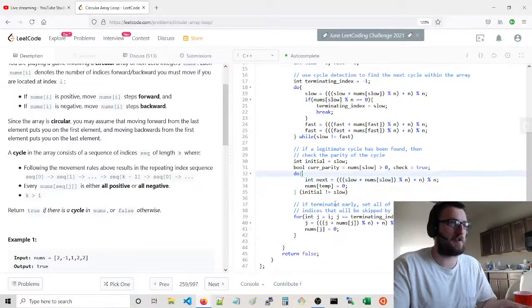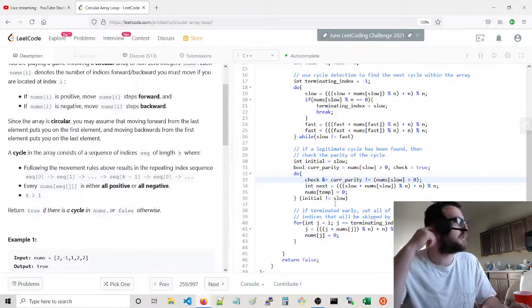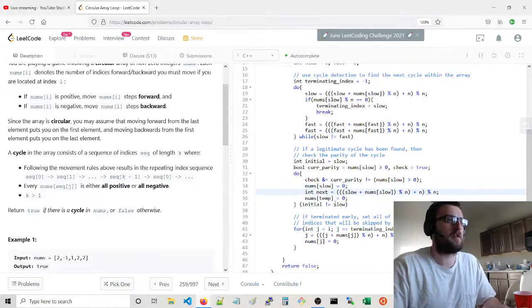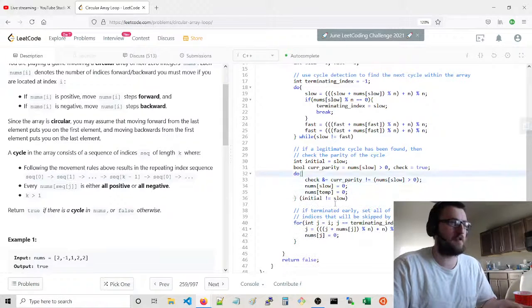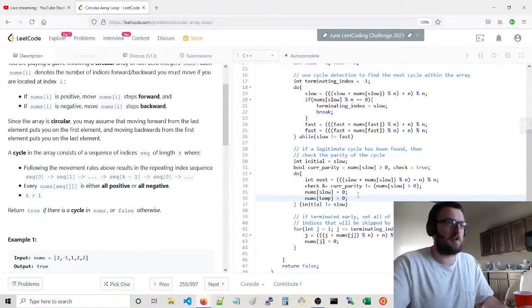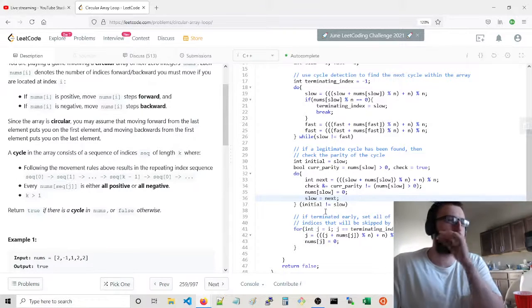We can do this on slow. Set nums of slow to 0. We're going to do next first, calculate the next value, perform the check on nums slow, set nums slow to 0, and then set slow equal to next. Update it to the next value.